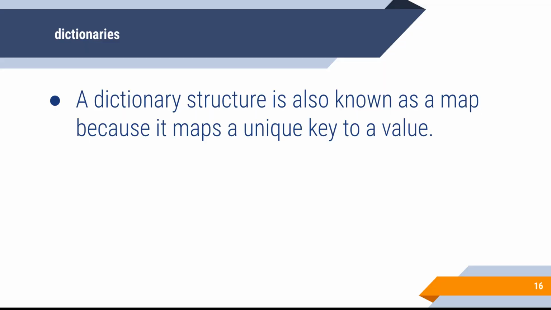And just to let you know, a dictionary is also known as a map. So you might see in other places that a dictionary might be called a map. They mean the same thing. And that's because, as we'll see in a moment, a dictionary maps a unique key to a value. So just like in English, you're going to have a key or a word and a value.